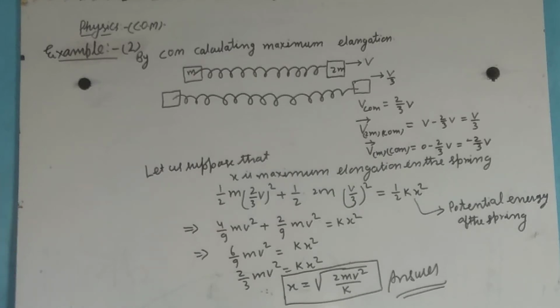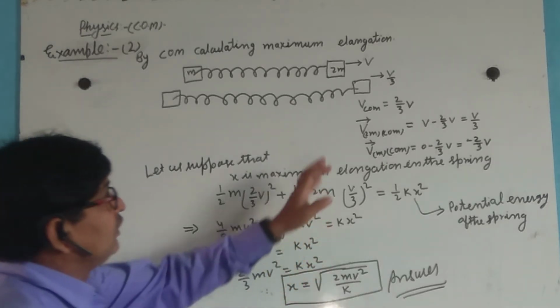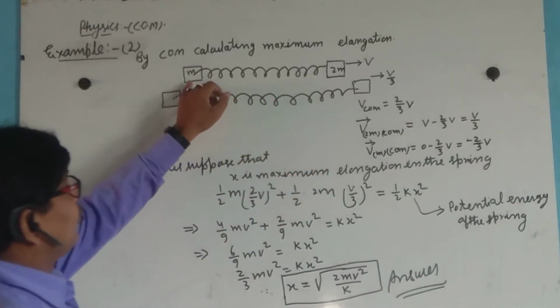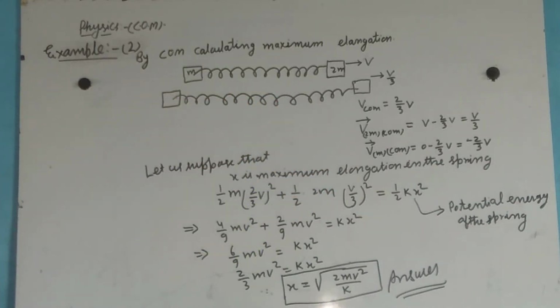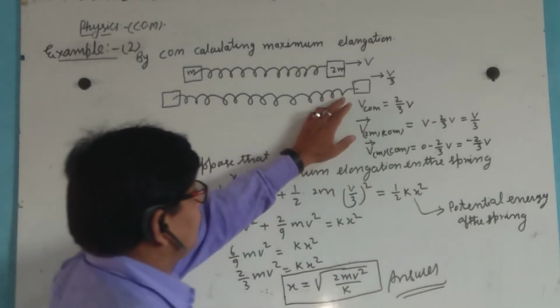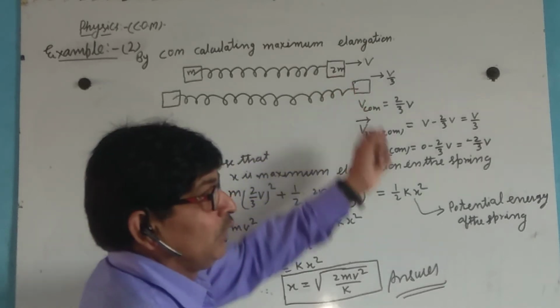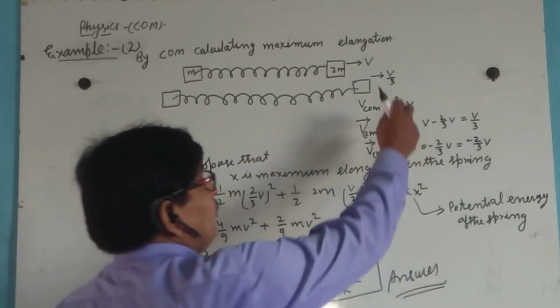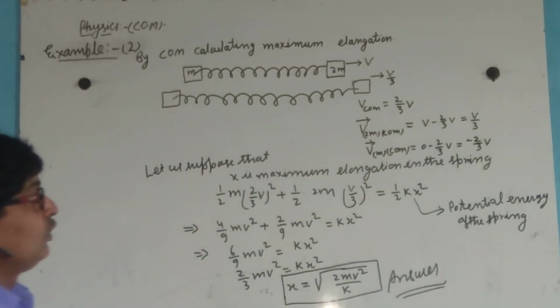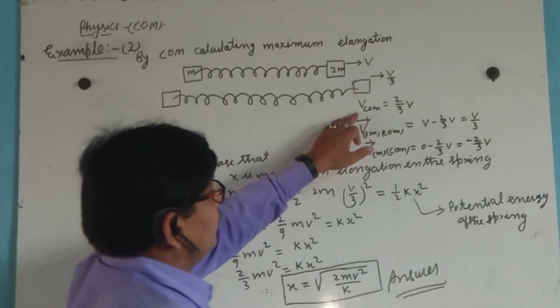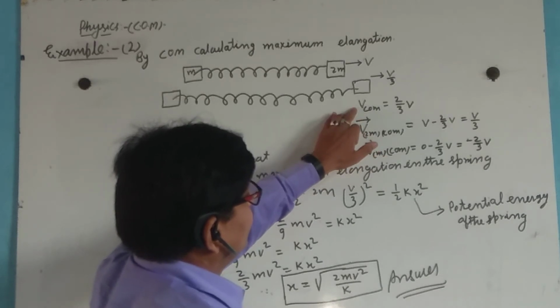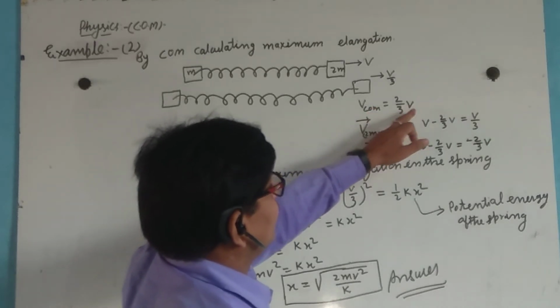Here is example second, calculating the maximum elongation by the center of mass. Here the mass of one block is m and the other block is 2m, and if the block 2m is pulled with velocity v, then the velocity of the center of mass is 2 by 3 v.